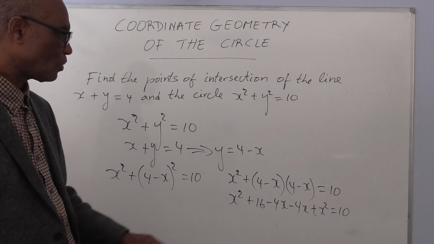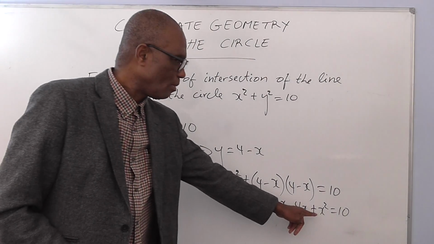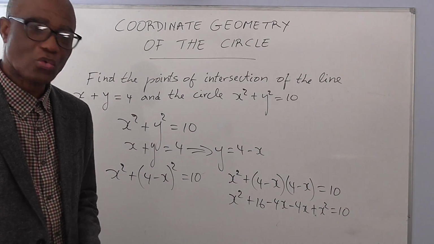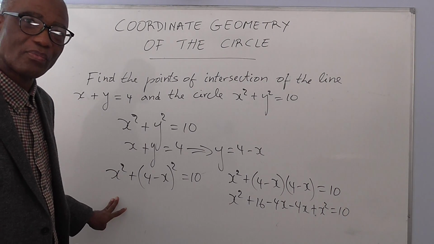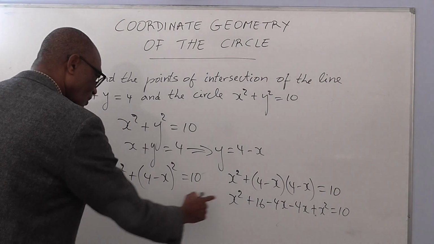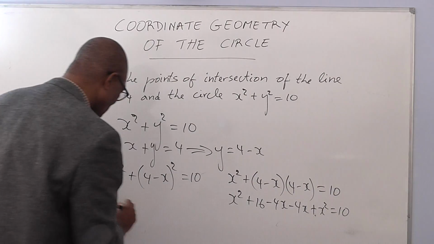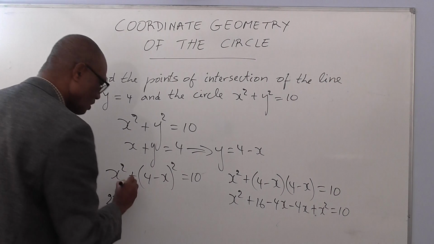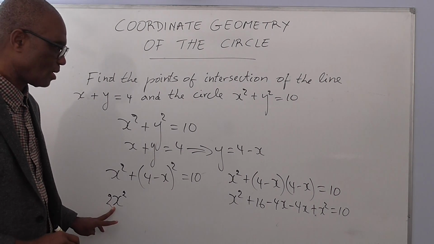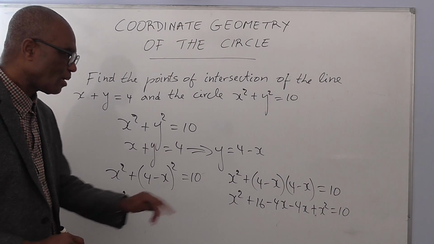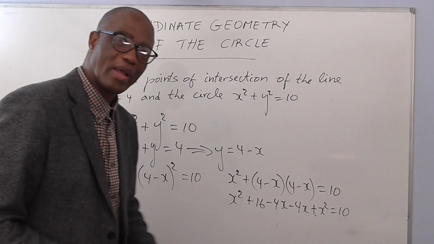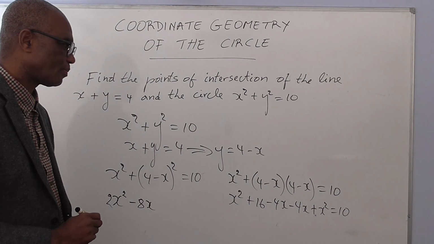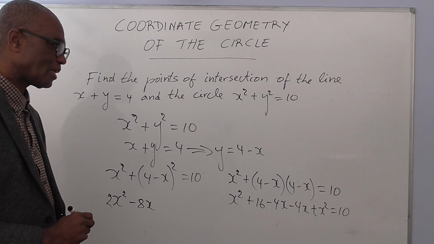If we do so, look, x squared plus x squared gives 2x squared. And then minus 4x minus 4x gives minus 8x.